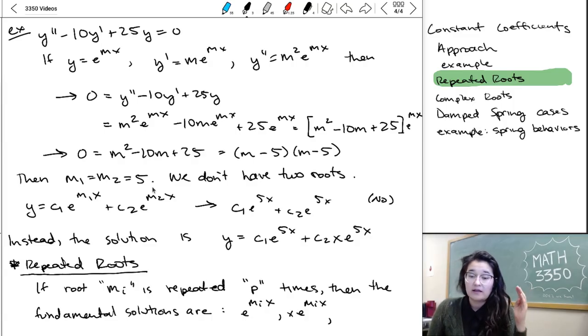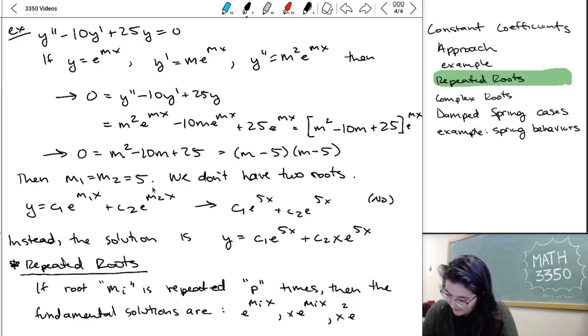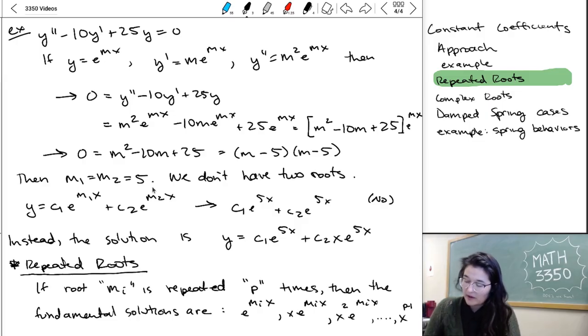And then keep multiplying by x until you've built as many solutions as times it's repeated. So in this case, you would keep going until you multiply by x to the power p minus 1, since we start by counting from 0 there.